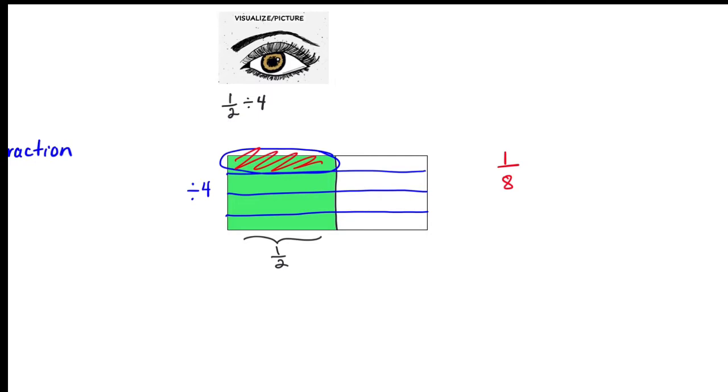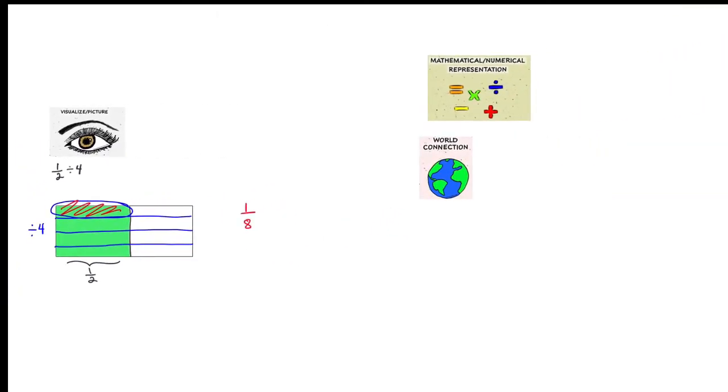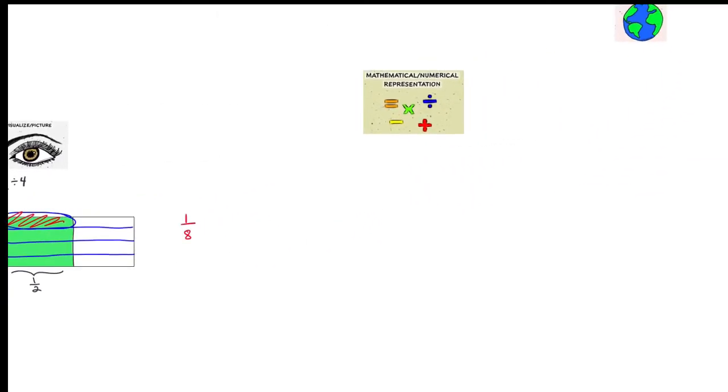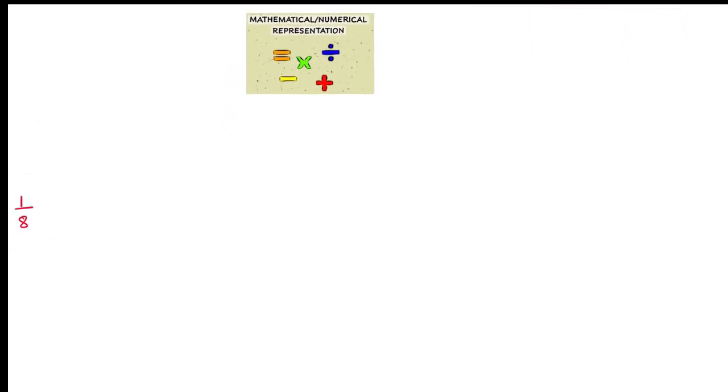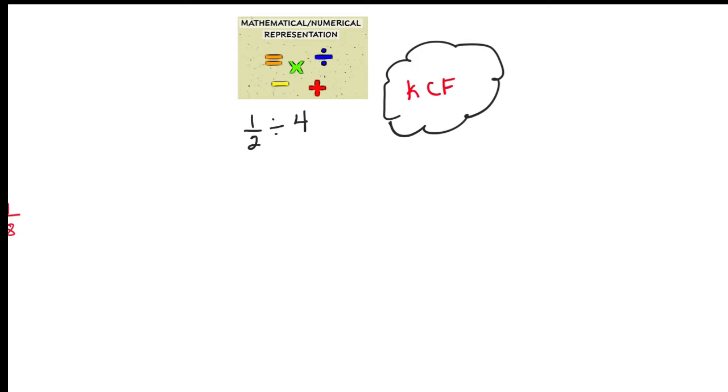Now going back to how we do that using numeric representation. Let's do the 1/2 divided by 4. Remember we said we were going to use the KCF method: keep, change, and flip. And we must remember that whole numbers must be converted into a fraction.